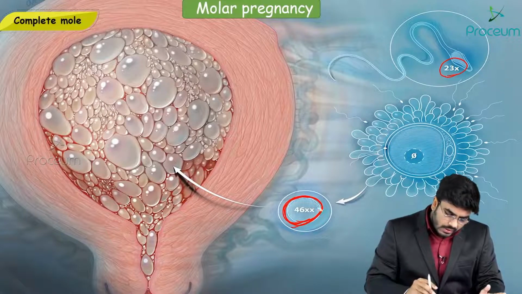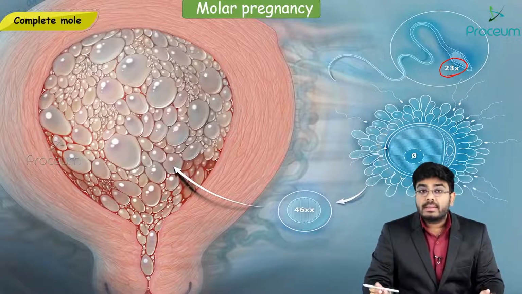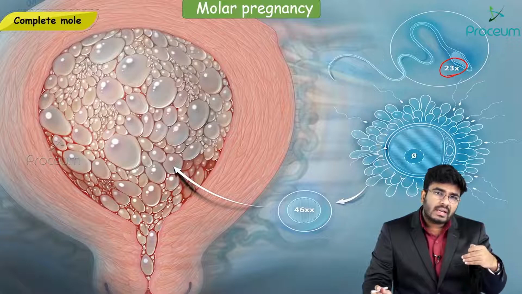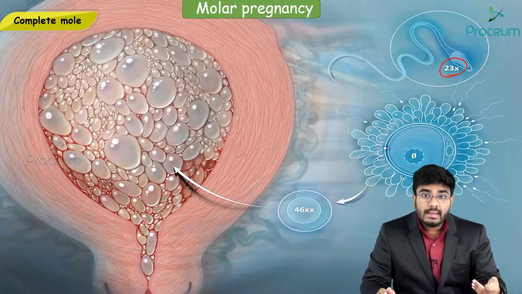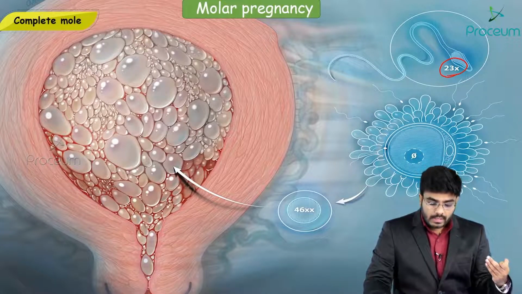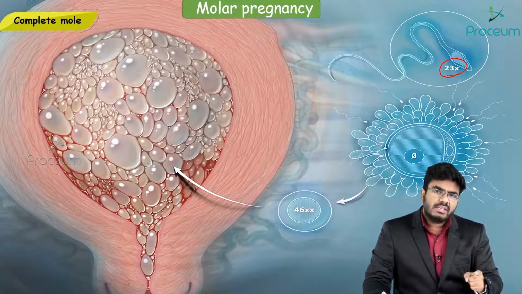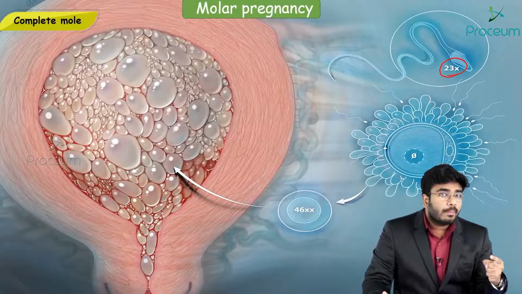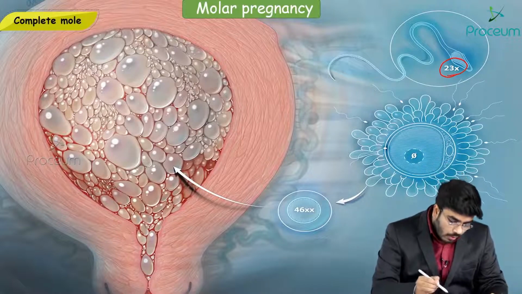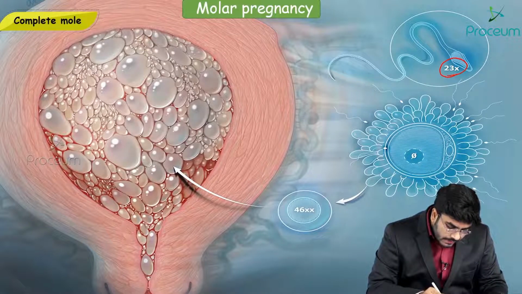Now, this is complete mole, right? Complete mole is a condition which is more dangerous than partial mole. Being a dangerous condition, it doesn't allow any fetal tissue to grow. As I have already said, in complete mole the trophoblast proliferates too much.